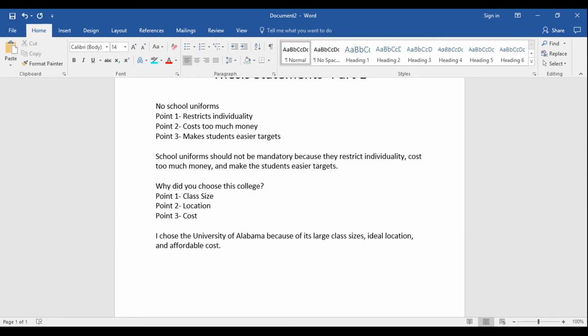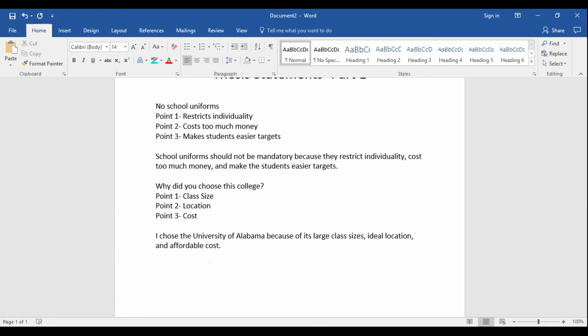You can make it so much stronger by adding those adjectives and giving specific reasons instead of just saying location and then having to explain everything in that body paragraph. So I chose the University of Alabama because of its large class sizes, ideal location, and affordable cost. That is one way you could write that thesis statement.